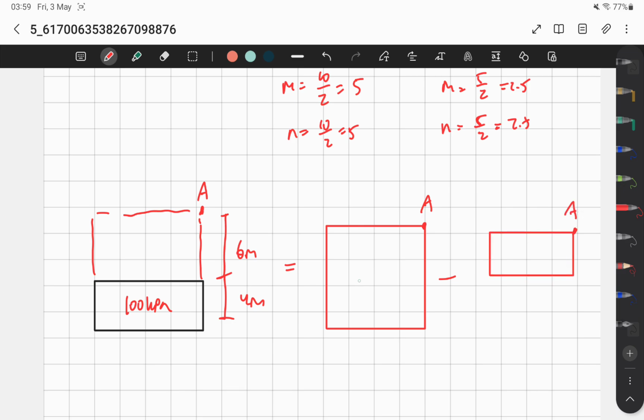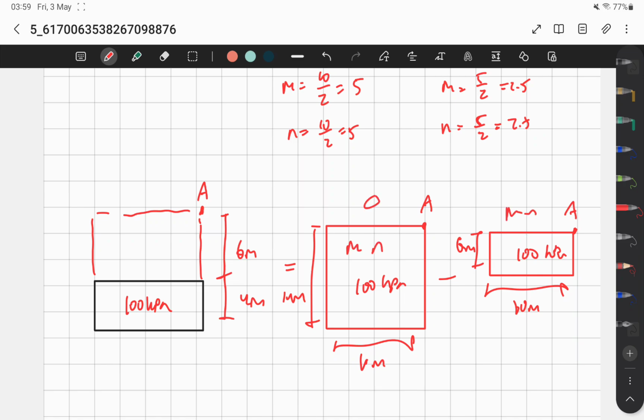This one is 100 kilopascals. This one is 10 meters, and this one is 6 meters. Then just find the M and N for each, then find delta sigma, then just subtract.